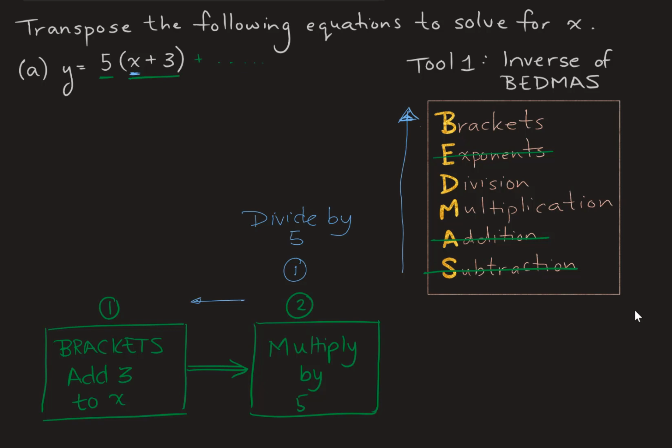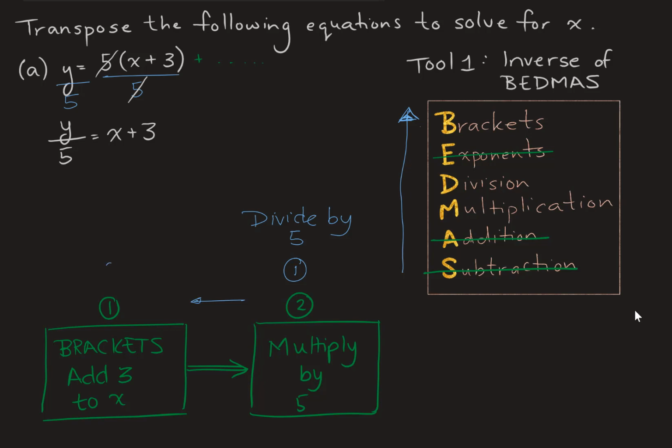So now we're going to divide both sides by 5. And so what this gets me is y divided by 5 is equal to, and these 5's cancel each other out by division, x plus 3. And I can now ignore those brackets because it's the only thing on the right side of the equation.